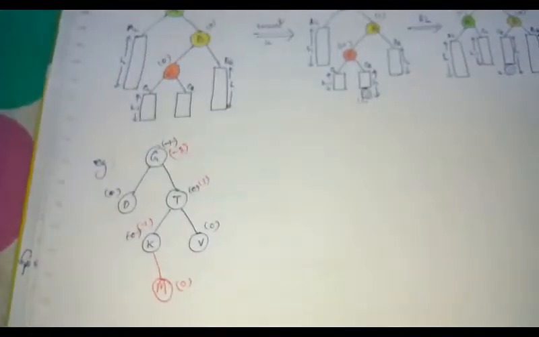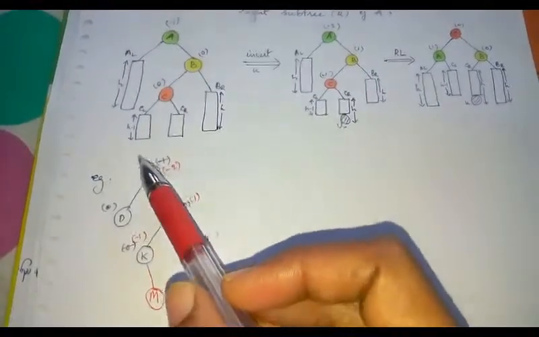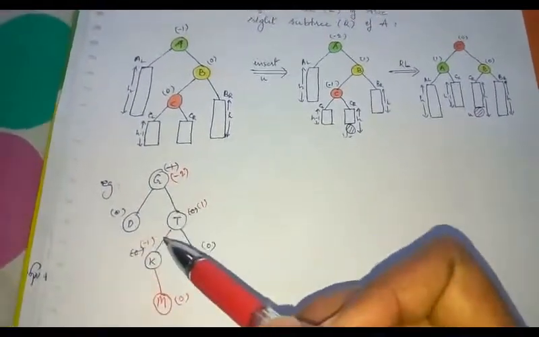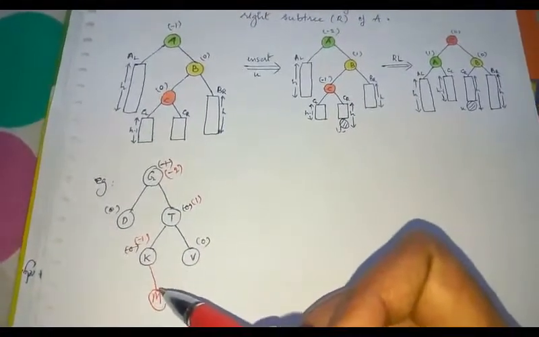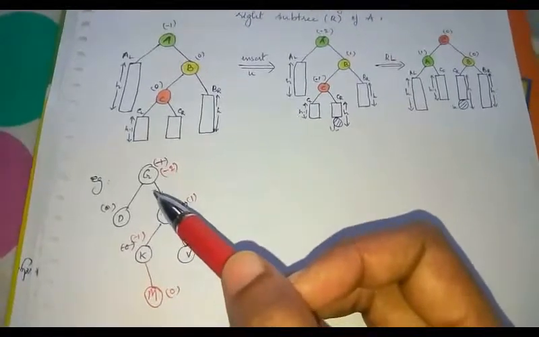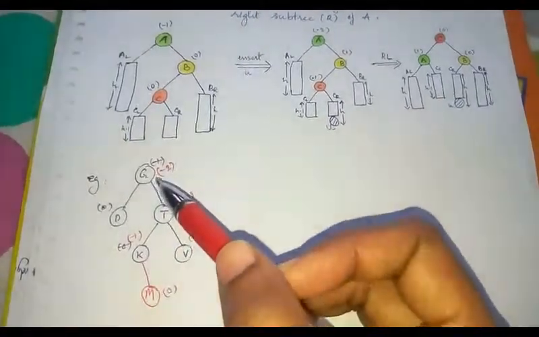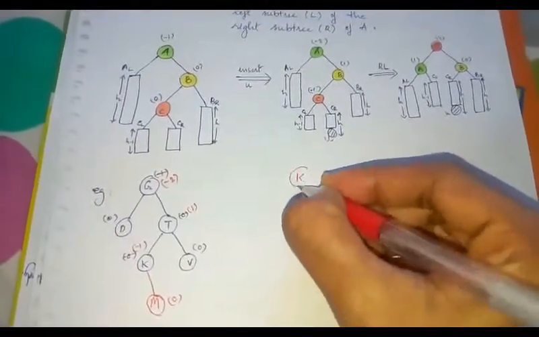So RL rotation means we have to shift this G to the left, and since the new node was inserted to the left of the right subtree of G, we have to make this K the root here. So in the balanced tree, K will become the root.